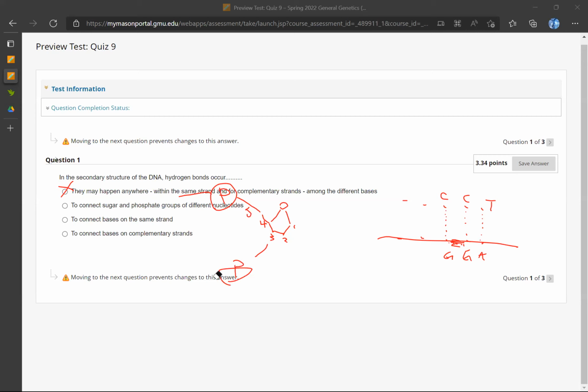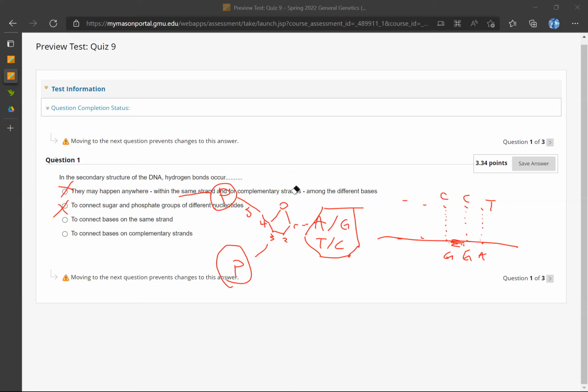And to this first prime carbon is attached the nucleotide base, A or G, T or C. So to connect sugar and phosphate groups of different nucleotides, that doesn't even make any sense. We don't need to read that. No, the sugar and phosphate connect to each other as well as to the nucleotides. There's no hydrogen bonding going on there.